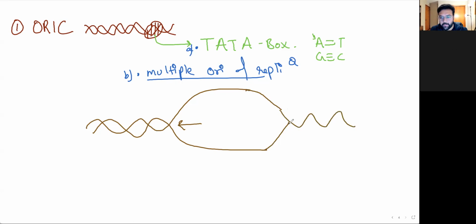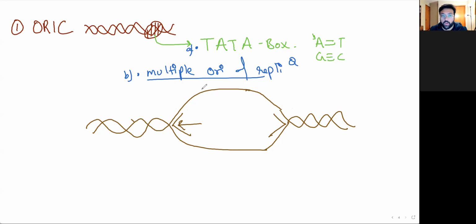Bidirectional in the sense, this is your replication fork, right? This is Y shaped on both sides. When you open up the DNA, the bubble which it forms is called the replication fork. Actually, the replication is bidirectional, not just one way. Okay, and one will be leading strand, the other will be lagging strand. Okay, that's your origin of replication.